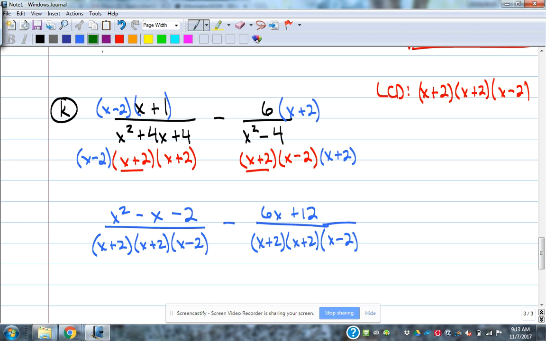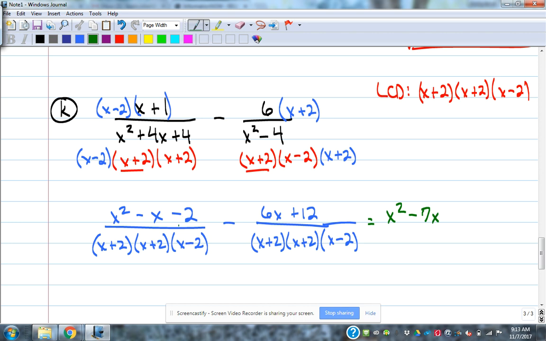Subtraction. Again, be careful because it's subtracting this entire numerator, not just the first piece. So it's x squared minus, there's no other like terms there, so that's just x squared. Negative x minus 6x would be negative 7x.